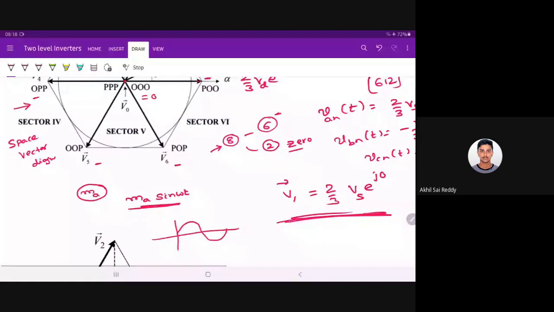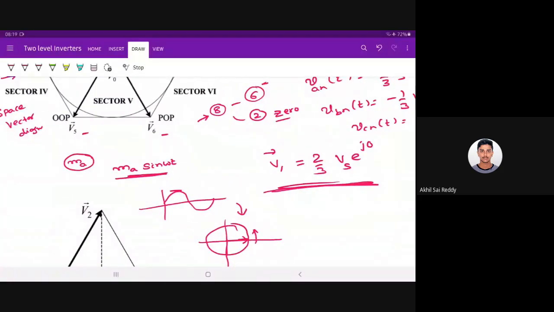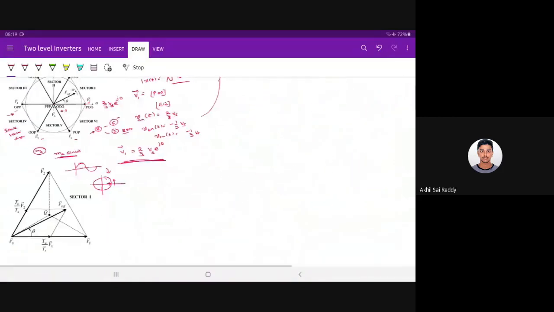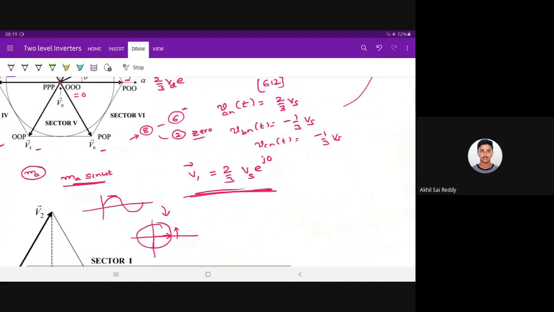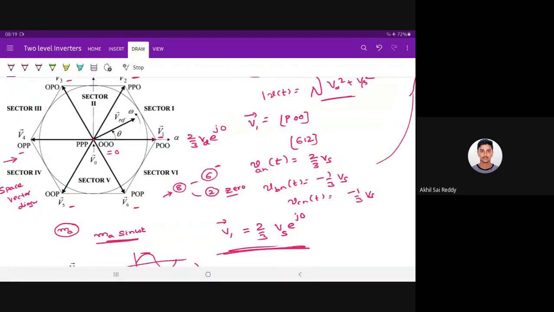If you define it in vector form, it becomes a rotating one, with this magnitude rotating in this direction. Both are the same, one in the time domain and the other in the frequency domain. One is a traveling waveform and the other is a rotating waveform. Both are the same. Now we want to control the output voltage of the inverter.